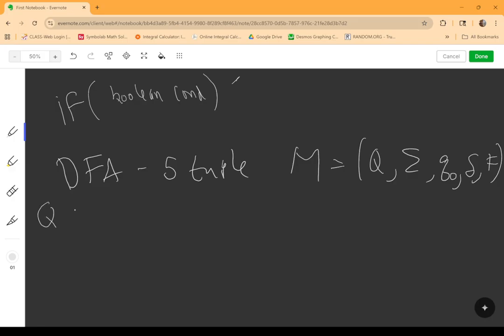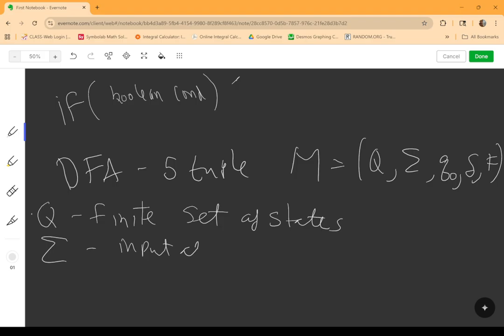Q is a finite set of states, and sigma is my input alphabet. Q naught comes from Q, but this is the start state, so I specify where I start.